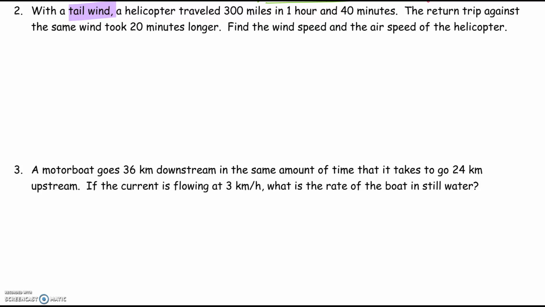The return trip against the same wind took 20 minutes longer. Okay, with a tailwind, that tailwind's at the back of that helicopter. It's making it able to go further, faster in that same amount of time. Find the wind speed and airspeed of the helicopter.